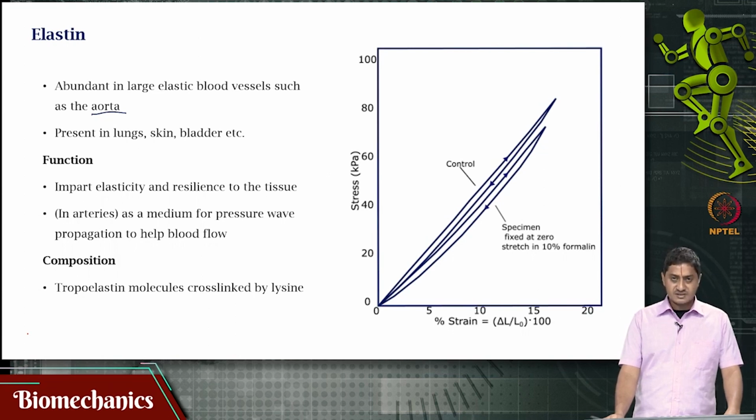In arteries, an important function is to allow for the pressure wave propagation and blood flow. It is composed of tropoelastin molecules that are cross linked by another protein called lysine.